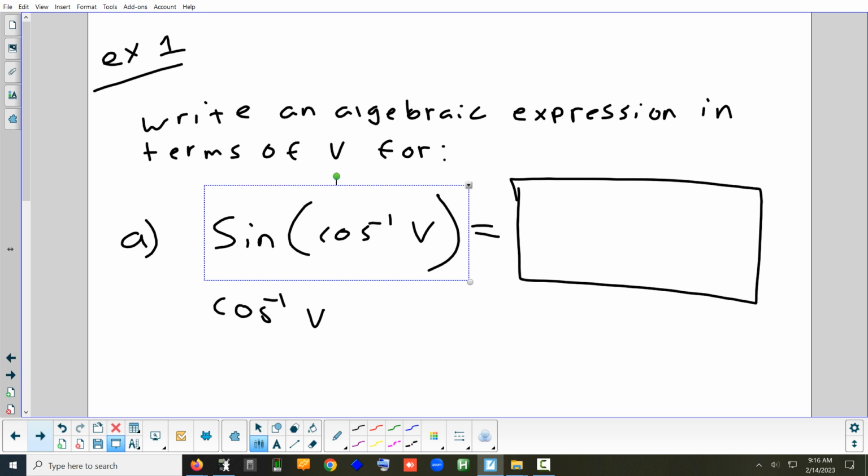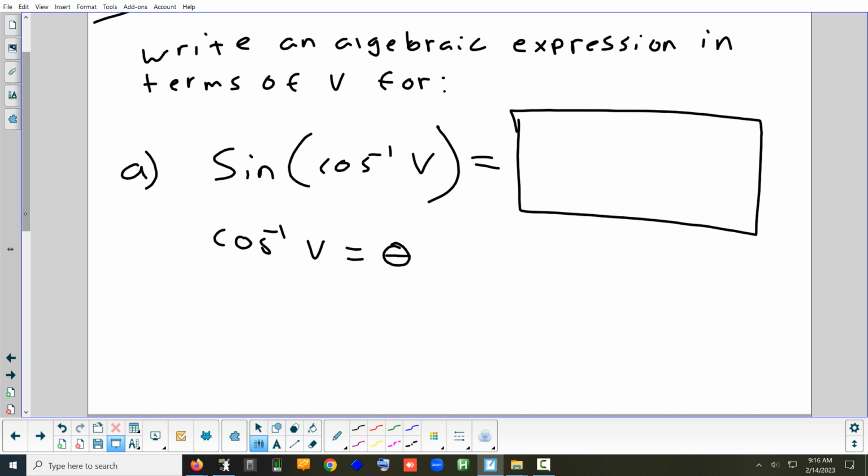I don't know v, so I'm never going to know the angle. But I know that when I do this problem out, what's inside the parentheses, it's going to equal some angle. In trig, when we don't know what the angle is, we usually use a Greek letter. So we're going to start by doing that. This is what's going to help us to set up a right triangle diagram.